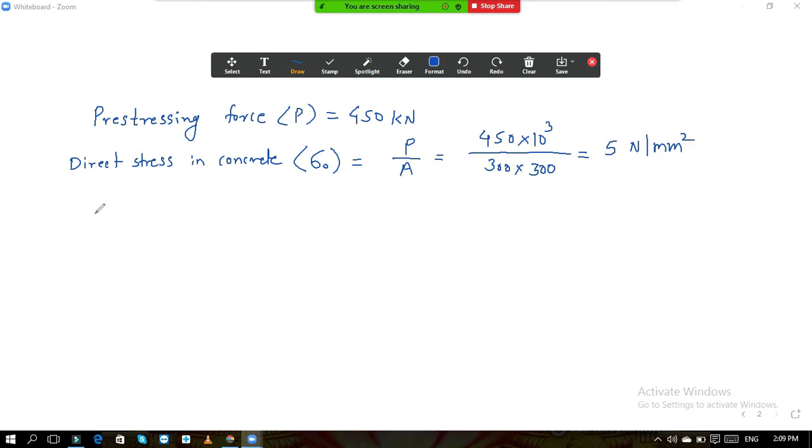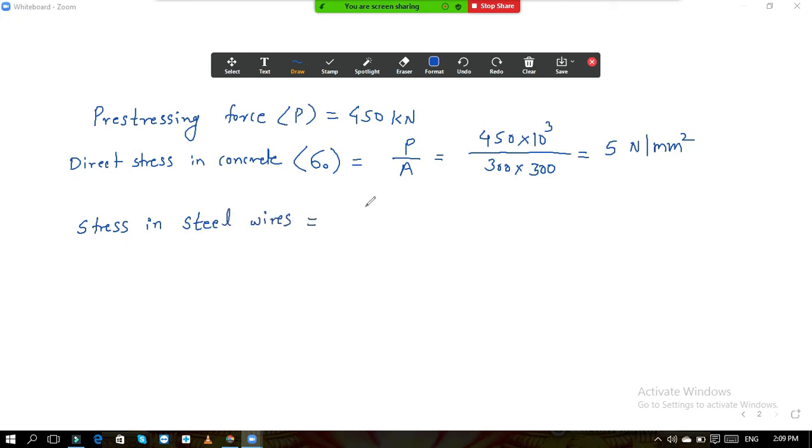Then initial stress in steel wires. So this is the initial direct stress in concrete. Now, how to calculate the stress in steel wires?